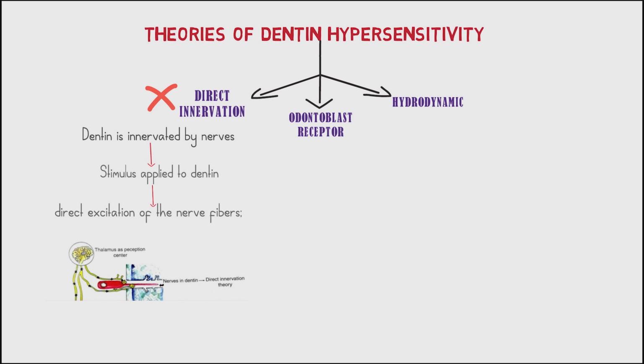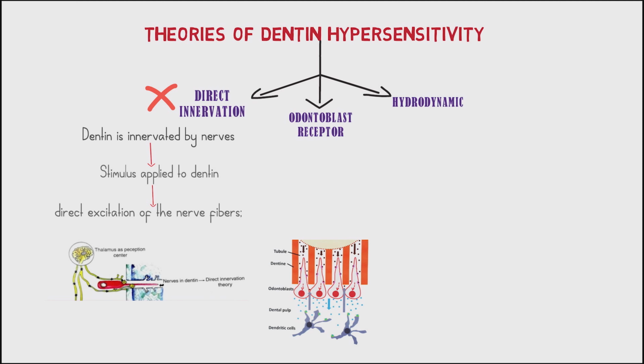Next, coming to the odontoblast receptor or transduction theory. Odontoblasts constitute a single layer of cells on the surface of the pulpal tissue just below the predentin. At the end of the cell is the odontoblastic process. It was assumed that odontoblasts act as receptors of pain and transmit signals to the pulpal nerves and indirectly cause dentin sensitivity.